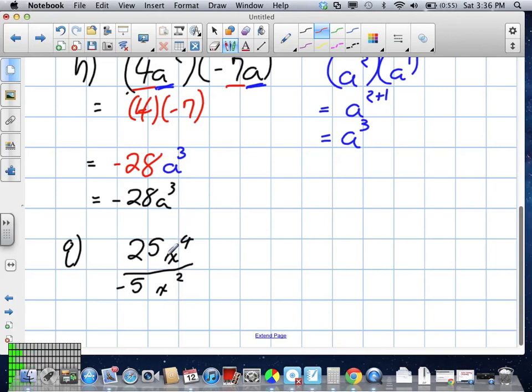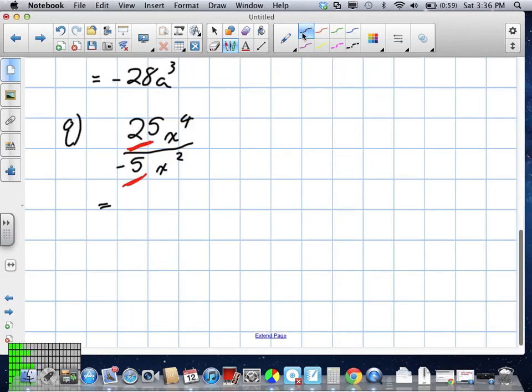Oh, I think I subtracted it. And that's exactly what you have to do. So the very first one, we have our 25 and negative 5. What is 25 divided by negative 5? Negative 5, that's right. The rules for multiplying positives and negatives are the same for division.